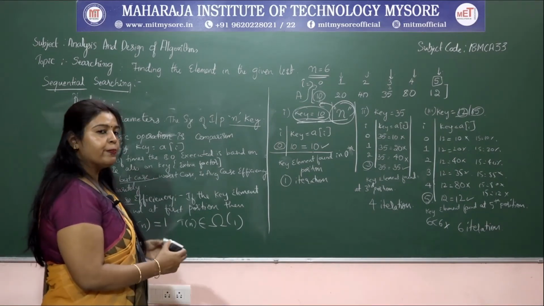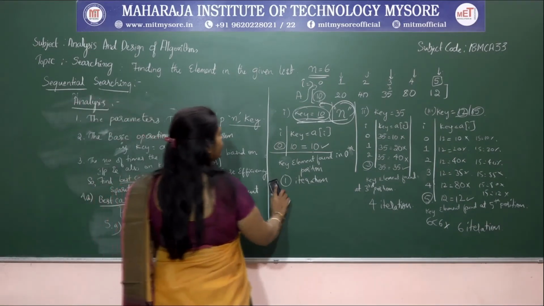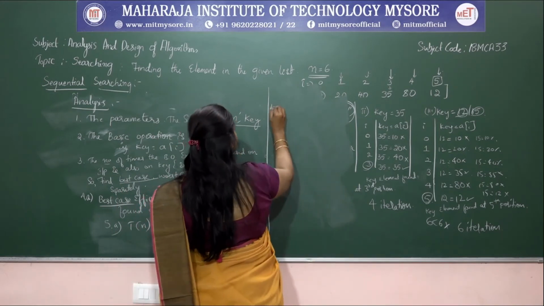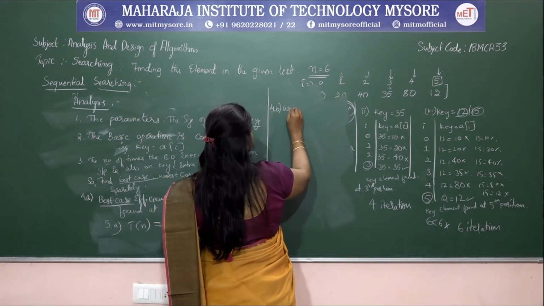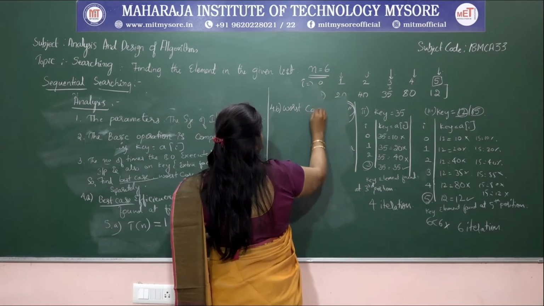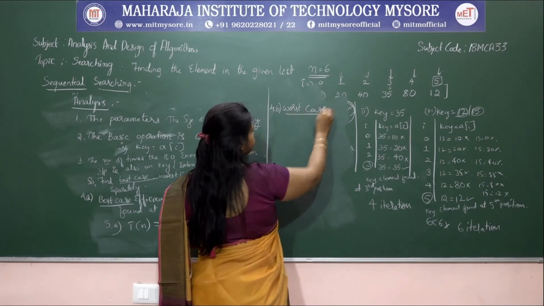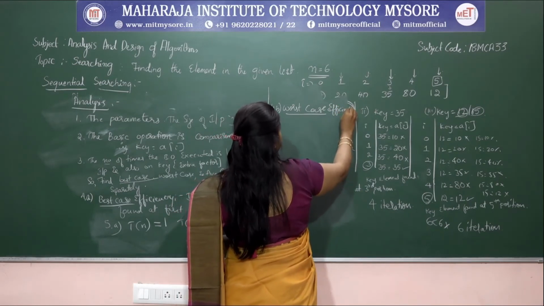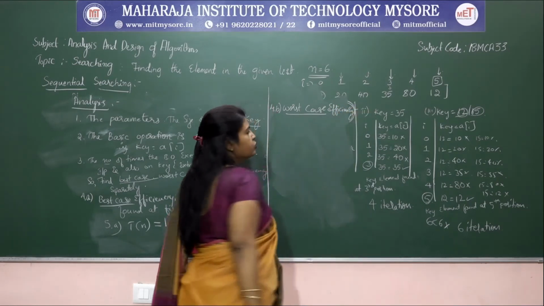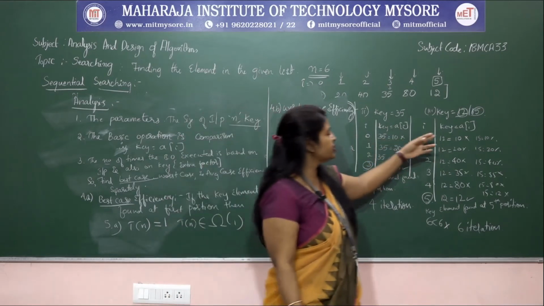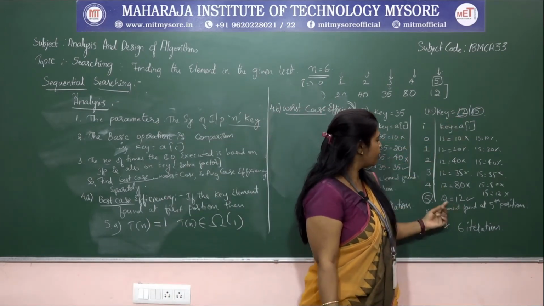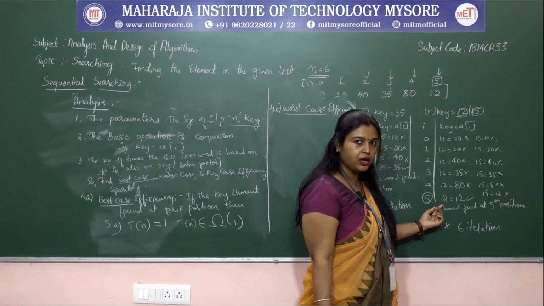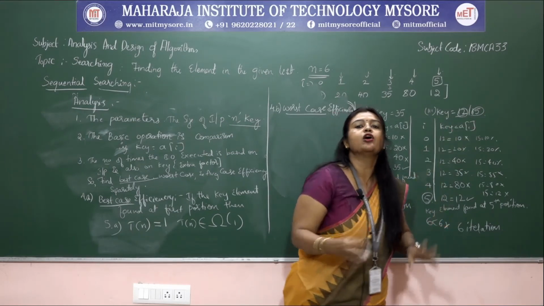And what about the worst case? 4b, worst case efficiency. Worst case efficiency is, if the key element is found at the last position, or if the key element is not found.